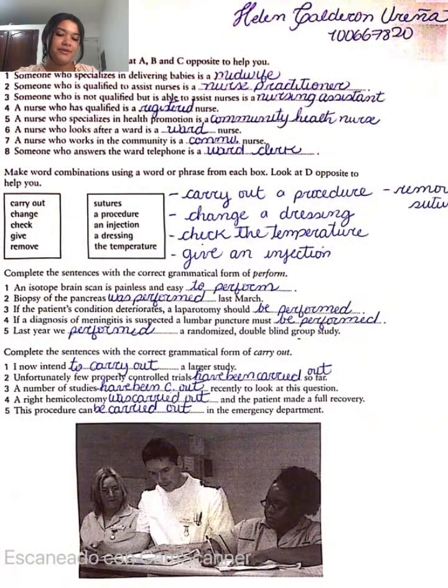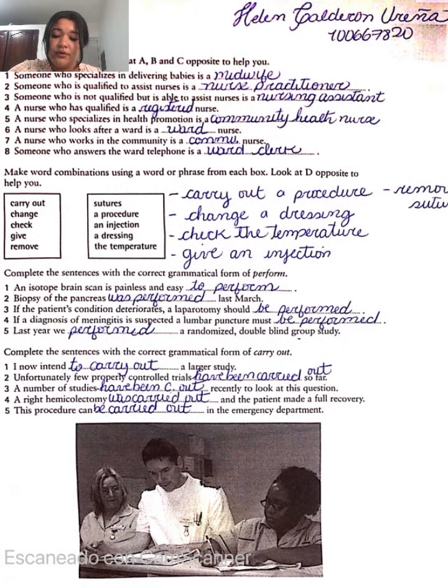Okay, Unit number 7 is called Nurses. The first exercise is: complete the sentences. Look at A, B, and C opposite to help you. Someone who specializes in delivering babies is called a midwife. Someone who is qualified to assist nurses is a nurse practitioner. Someone who is not qualified but is able to assist nurses is a nursing assistant.